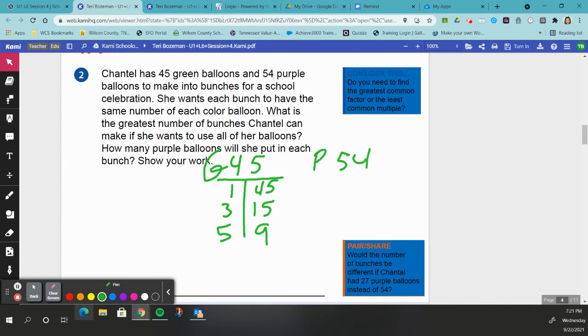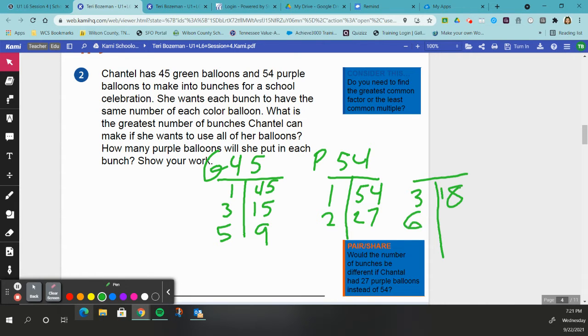And then we have our purple balloons, and if we're putting these in groups, we could have 1 and 54, 2 and 27. I'm going to continue the list over here so I don't run into that box too much. 3 and 18, and then 6 and 9. And the greatest number we can find for these is 9.